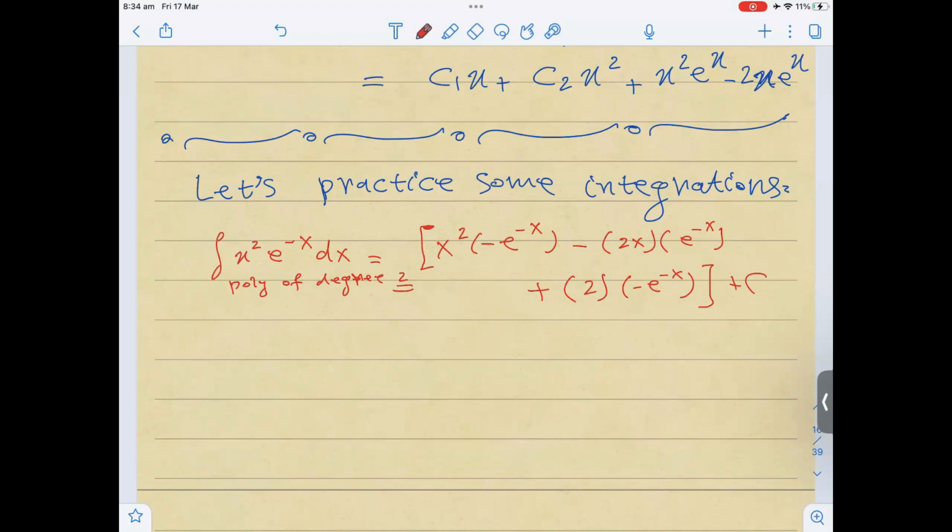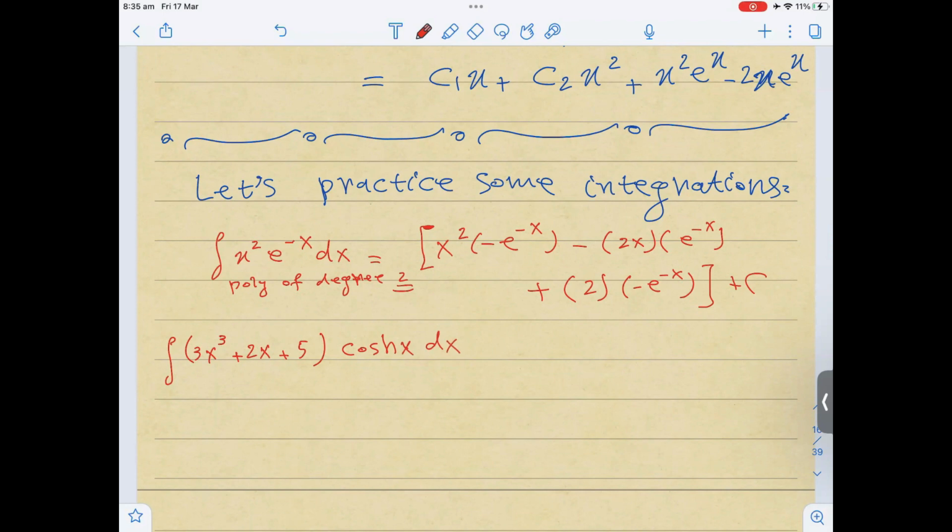Let's see another example: 3x cubed plus 2x plus 5 times something whose integral we know. Let's choose cosh rather than exponential, to make it simple.